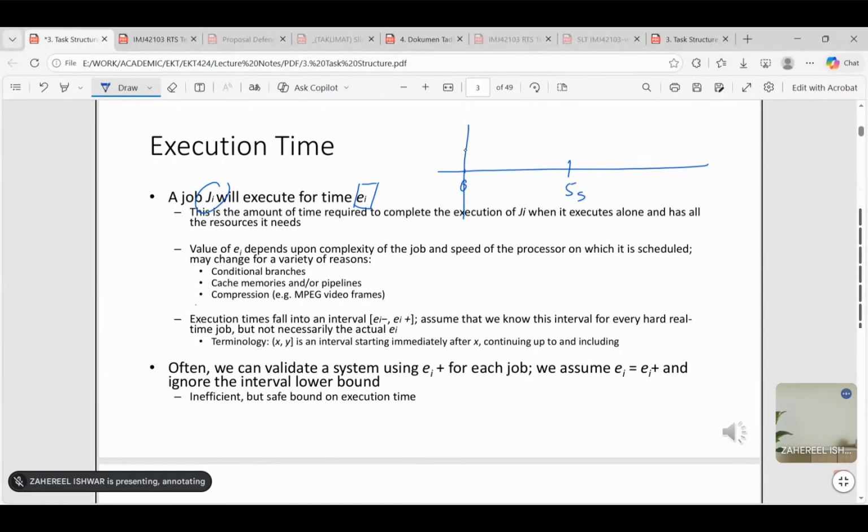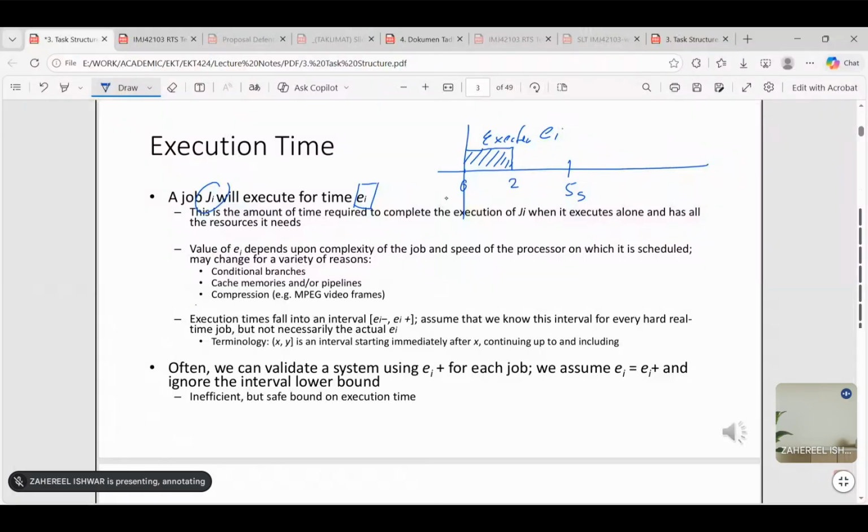We execute it, and let's say it runs up to here, maybe only 2 seconds. This is the amount of time that that particular job spent, which is its execution time, denoted by E sub I. I means the first job, second job, I equal to 1, equal to 2, and so on.